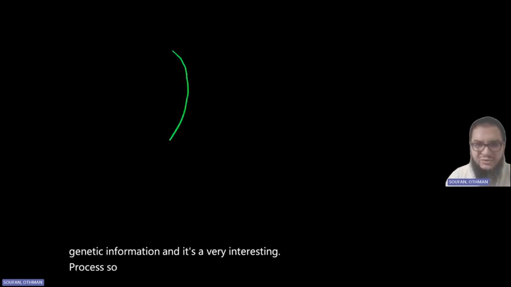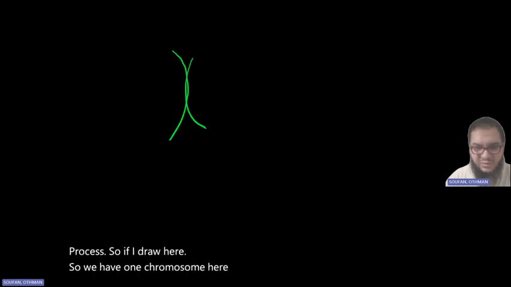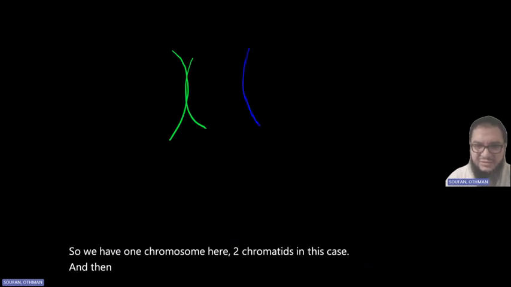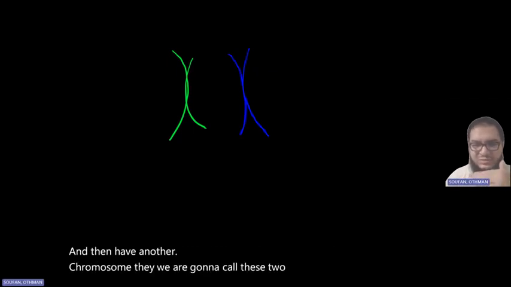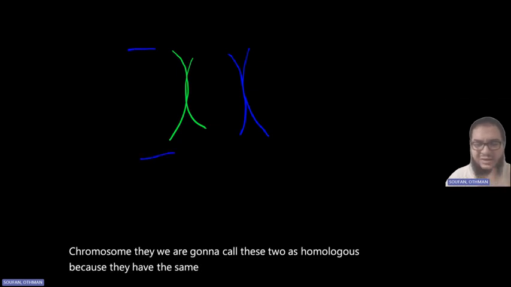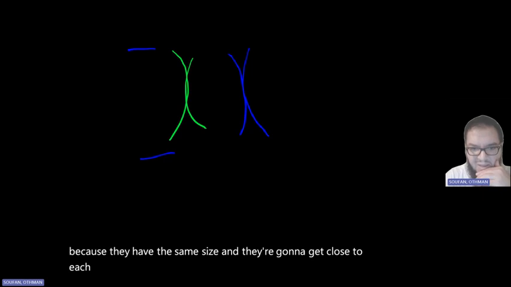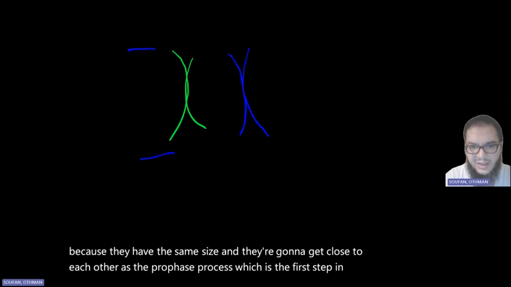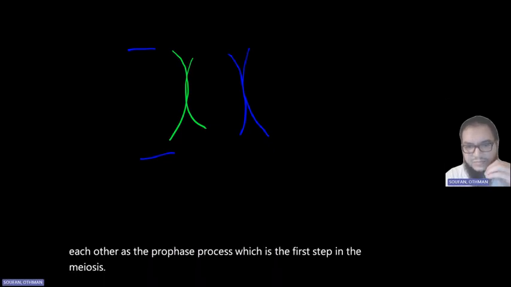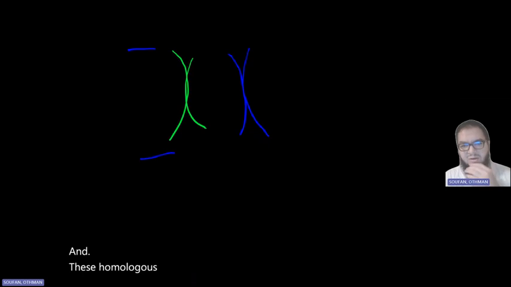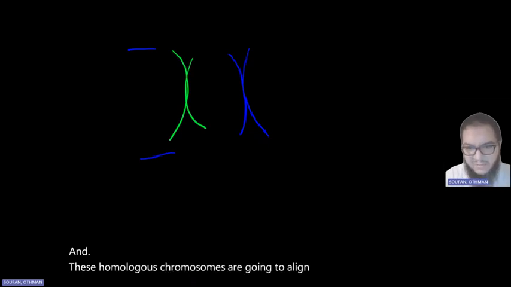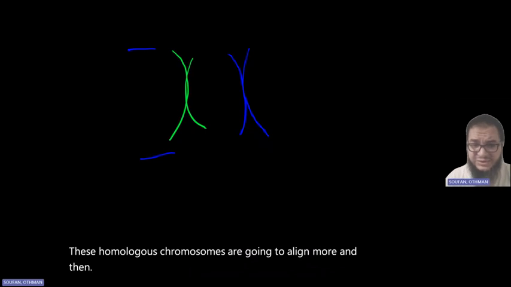If I draw here, we have one chromosome, two chromatids in this case, and then another chromosome. We are going to call these two homologous because they have the same size, and they're going to get close to each other in prophase, which is the first step in meiosis. And these homologous chromosomes are going to align more in the metaphase stage.